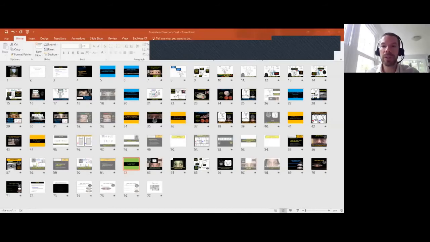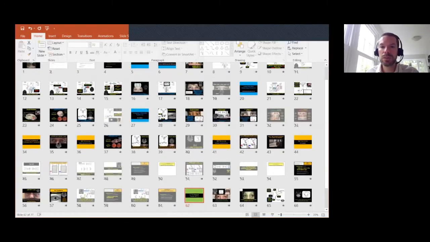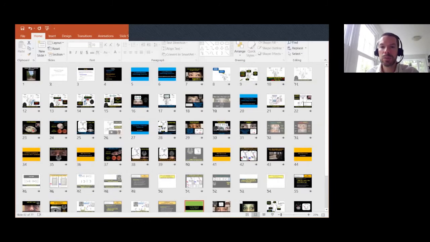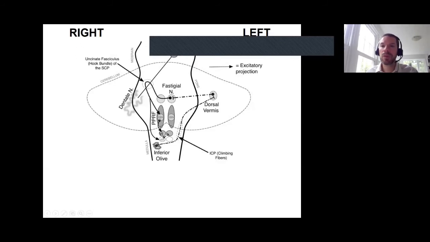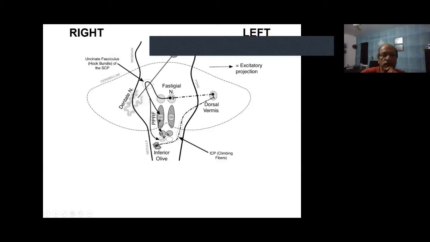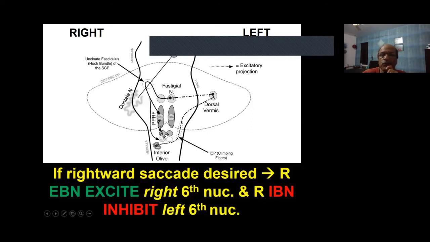Let's go to the pathway here. Can you see my screen? Yeah. Okay, so the question was what again? What happens if you have ipsilateral olivary and contralateral ICP? What happens to pulsion?